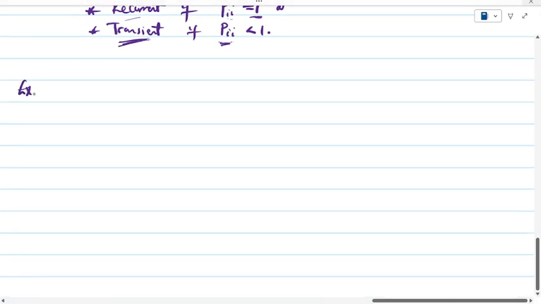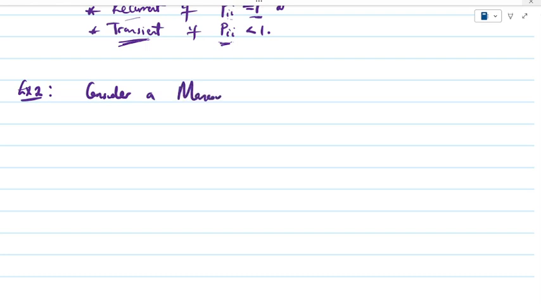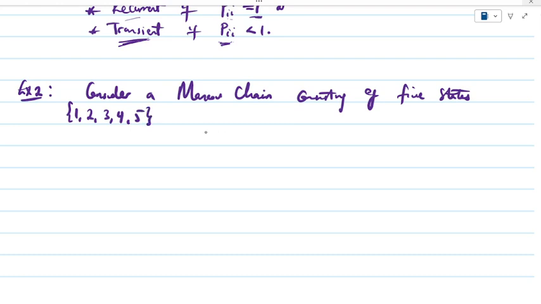So let's take this as example 3. Consider a Markov chain consisting of 5 states: state 1, 2, 3, 4, 5, and having the following transition probability matrix.